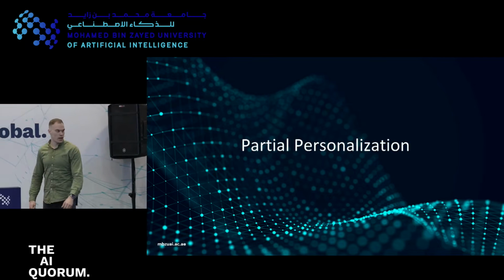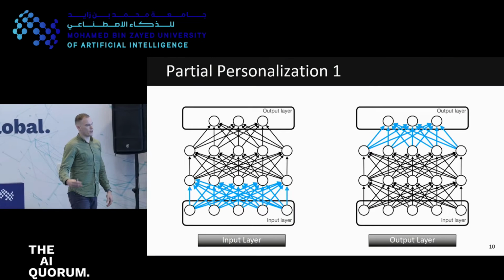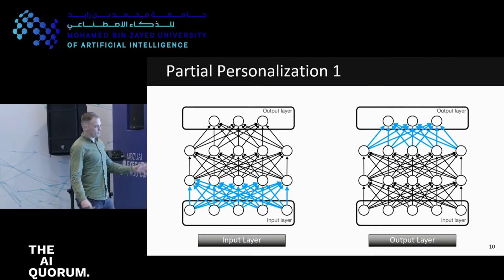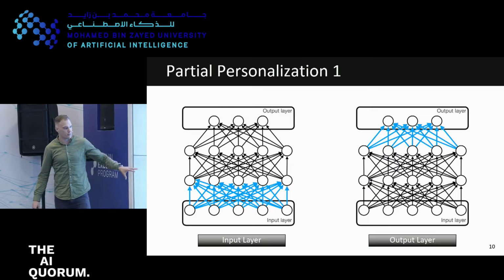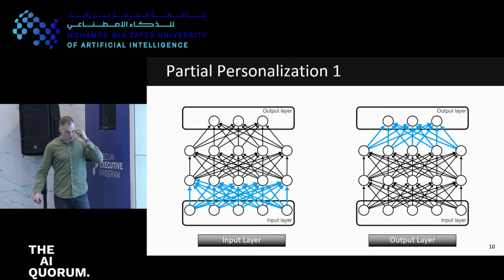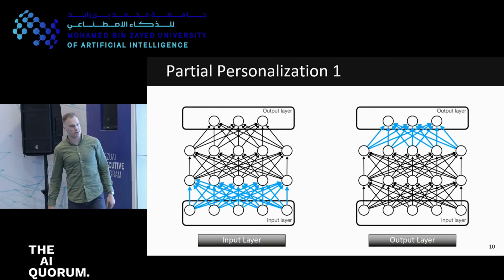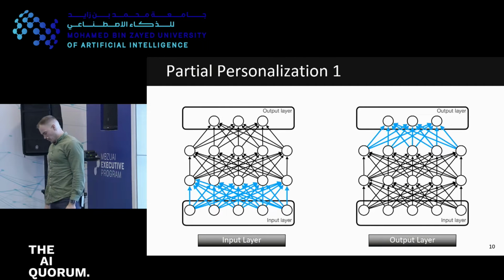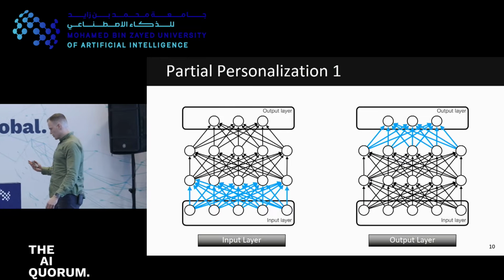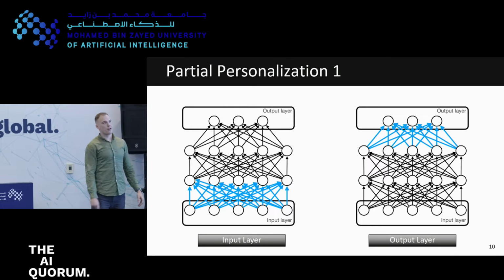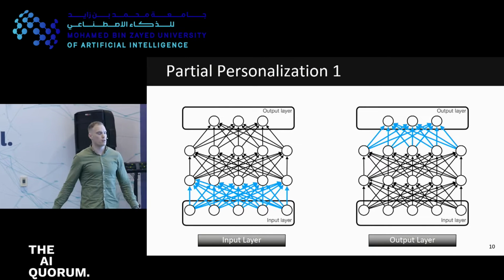So what are the standard ways to achieve that? We can personalize the input layer if we assume that there is a lot of heterogeneity coming from the input itself. When there is heterogeneity that comes from the output, we can also personalize the output layer.